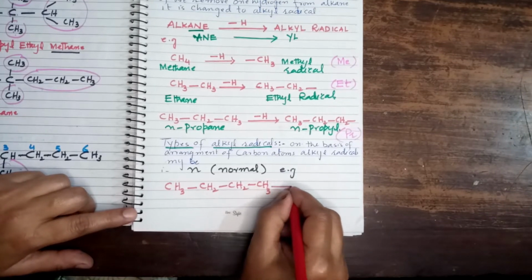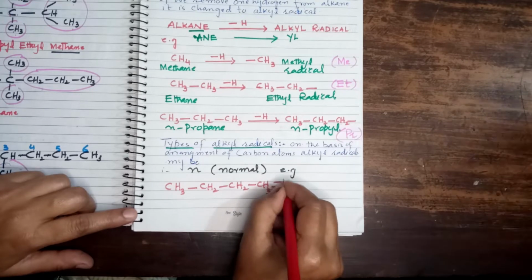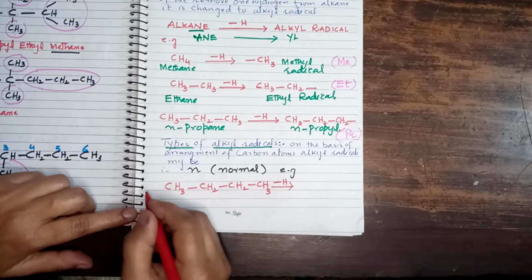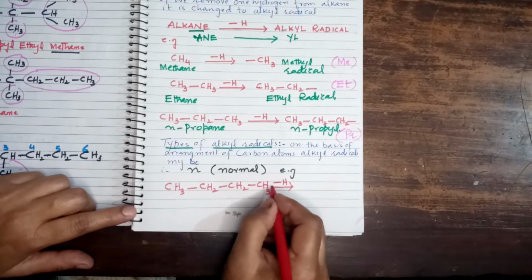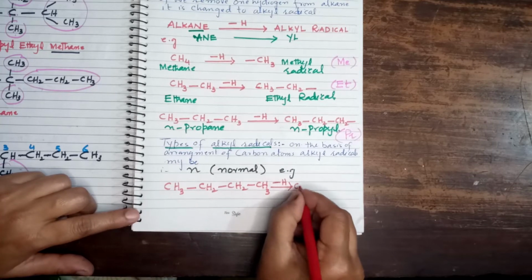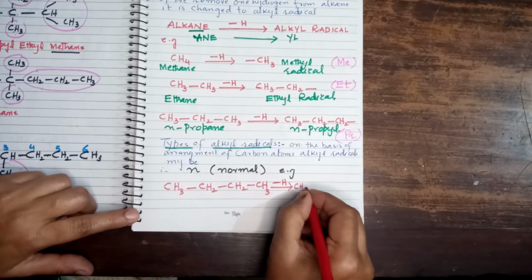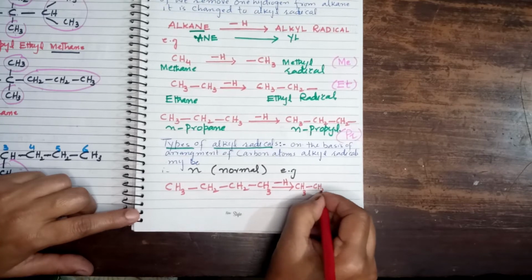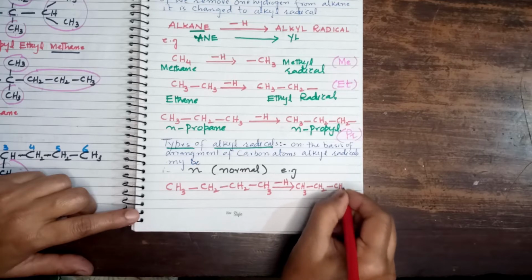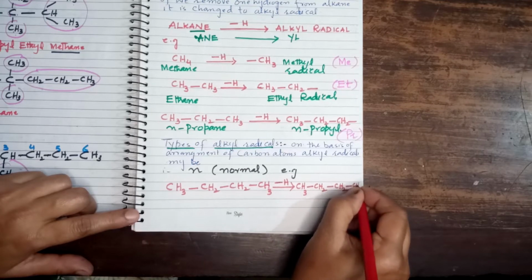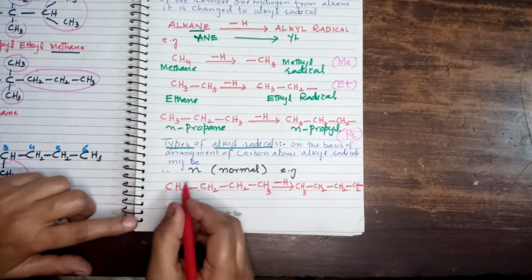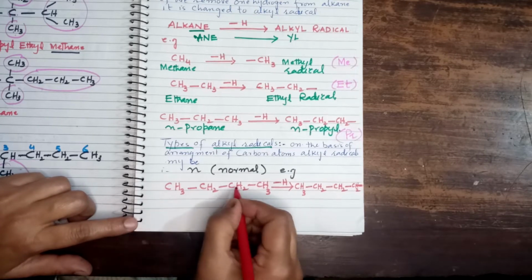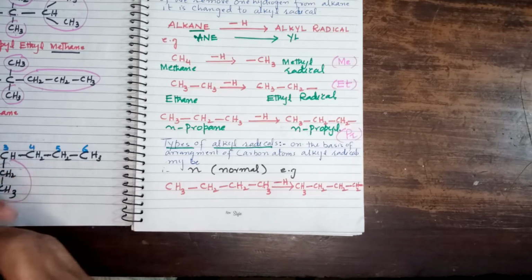After the loss of one hydrogen, suppose we remove hydrogen from the starting carbon or from the ending carbon, then one valency of this carbon becomes vacant. This is 1, 2, 3, 4.